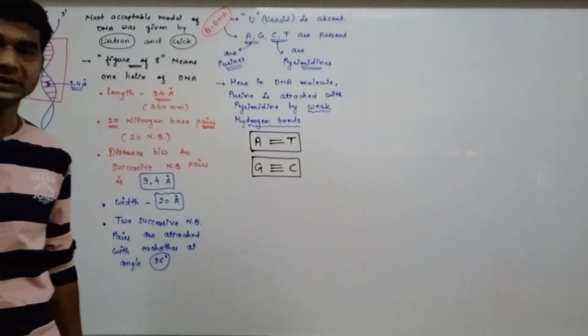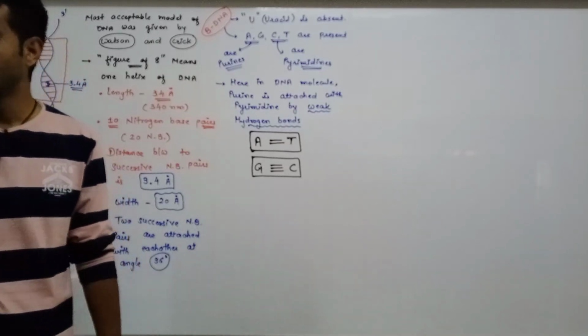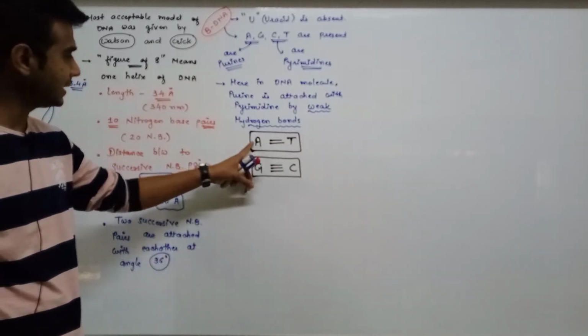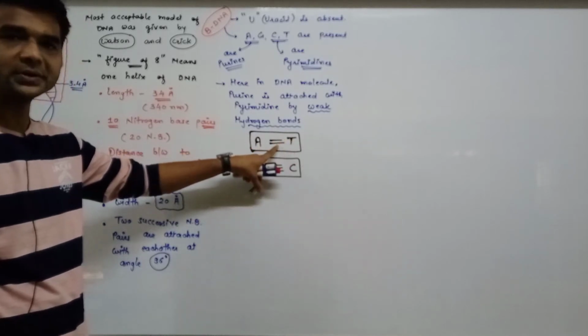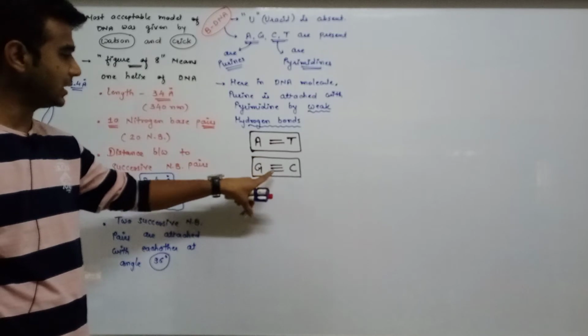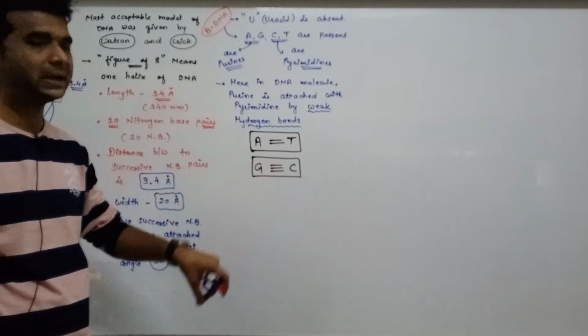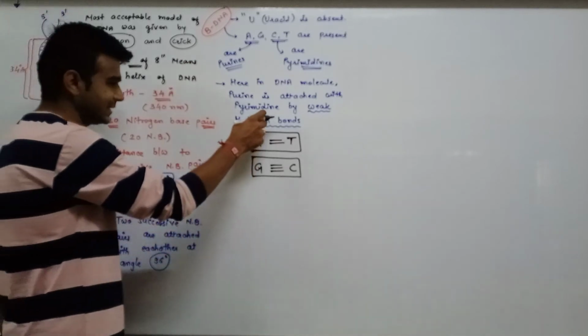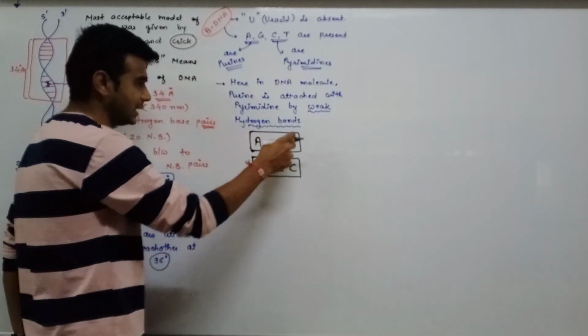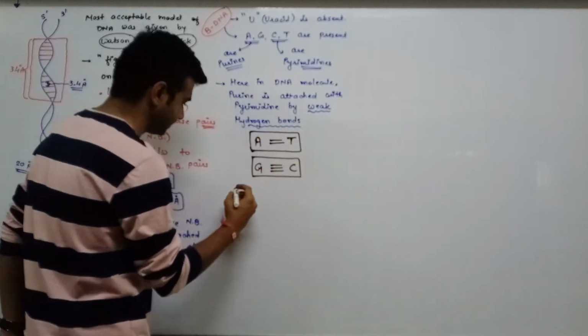This is very important. Adenine is attached with thymine with two weak hydrogen bonds and guanine is attached with cytosine with three weak hydrogen bonds. It is fixed. Now this is the purine part and this is the pyrimidine part.